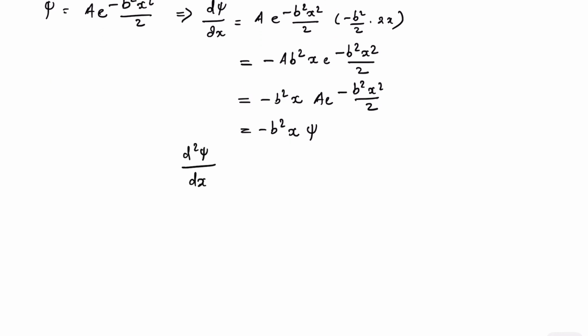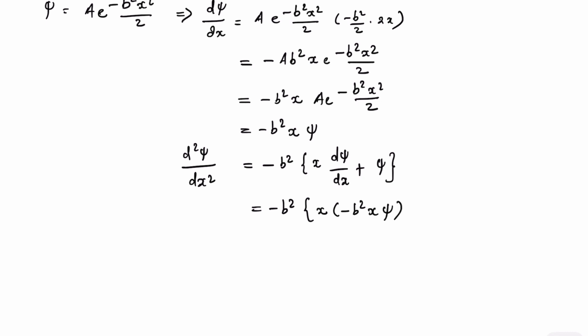Now you take the second derivative, that is minus b squared x d psi by dx plus psi. Minus b squared x into d psi by dx is minus b squared x psi, which we already proved.